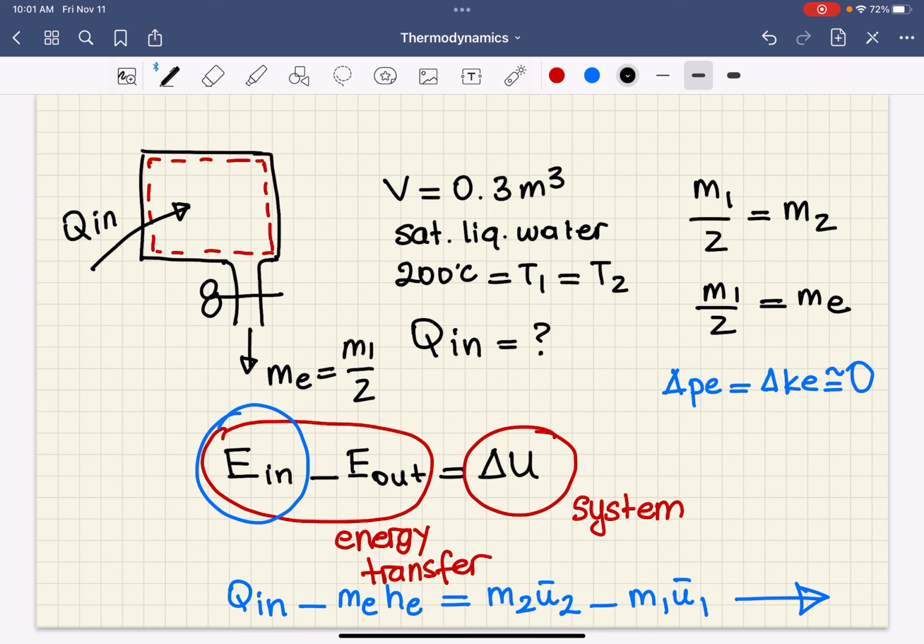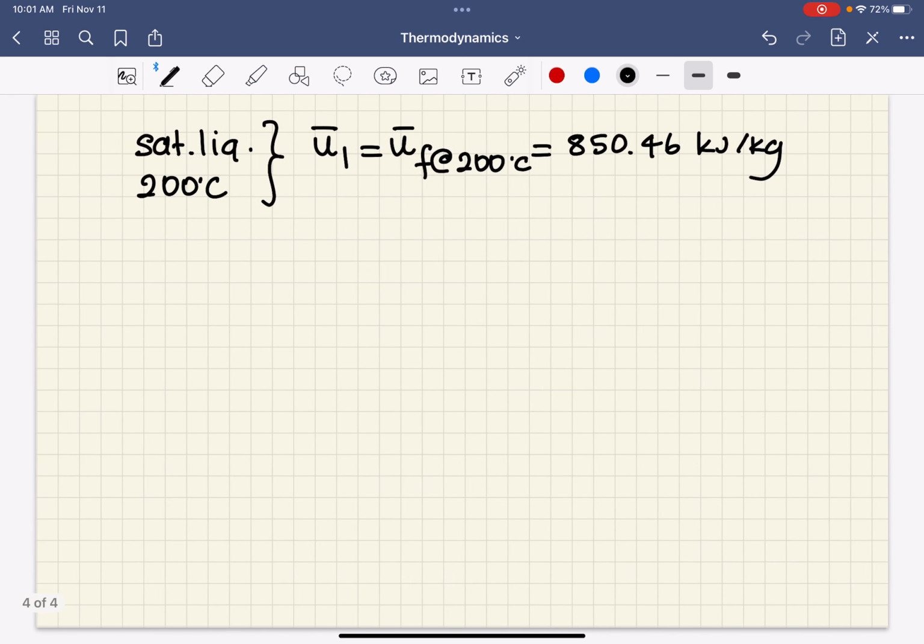So what we can calculate is the specific volume at the second state. To figure out the specific volume at the second state, we need to divide the volume by the mass. Okay, so 0.3.